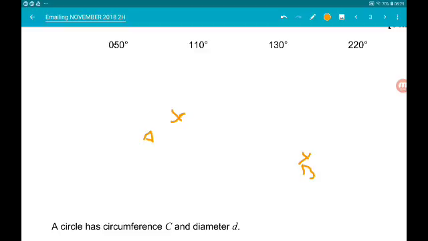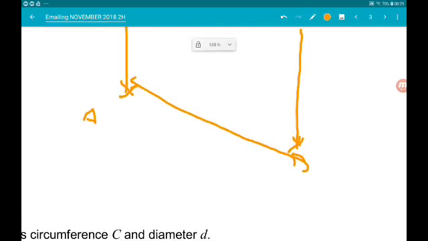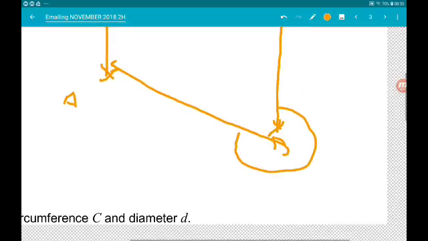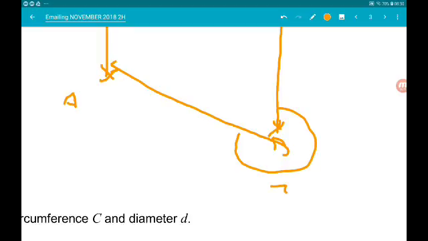Now if we put a cheeky little north line on each point, join them together with a straight line. Now we know that this angle here is the bearing of A from B. So we know this is 310 degrees.